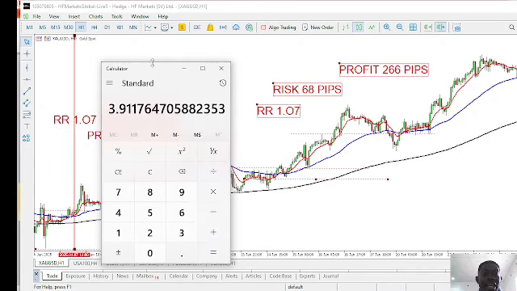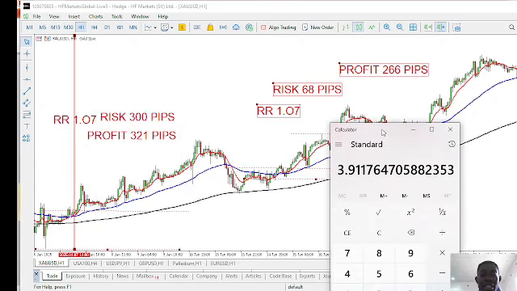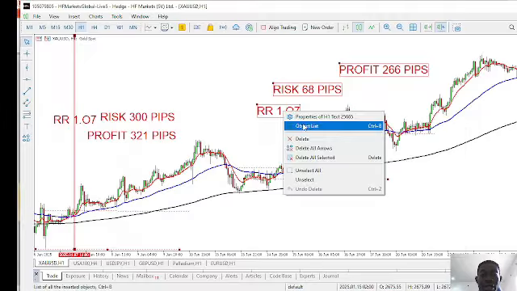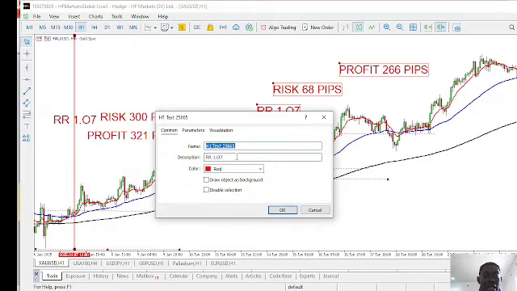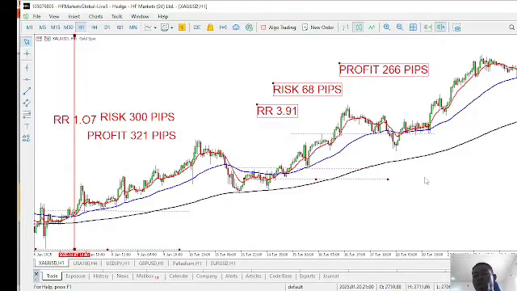That is 3.91. My goodness, that is amazing. 3.91. That means whatever I'm risking there, I'm gaining almost four times what I'm risking.